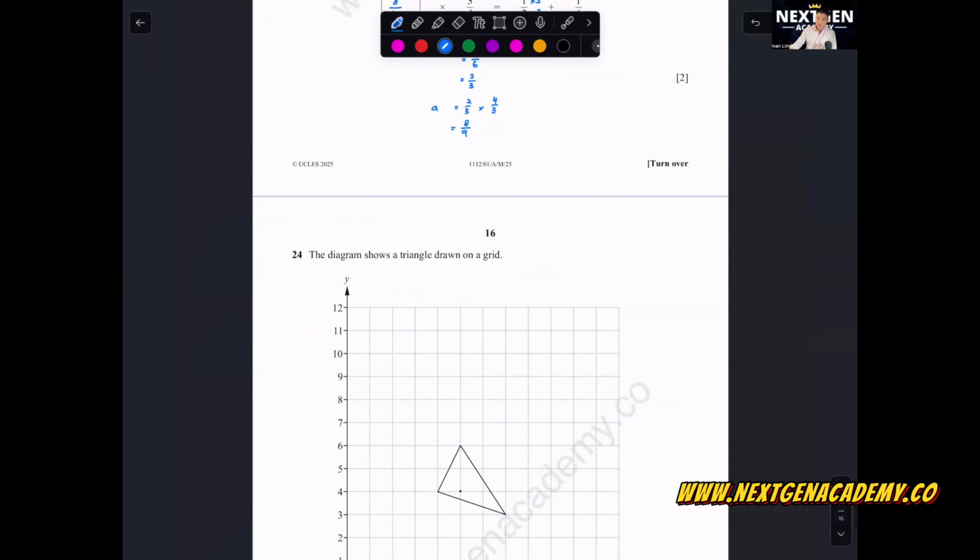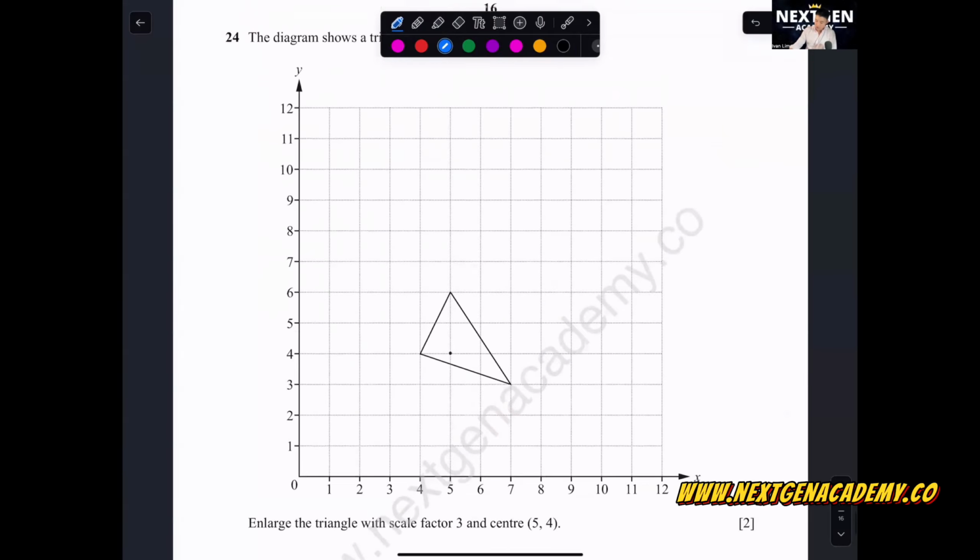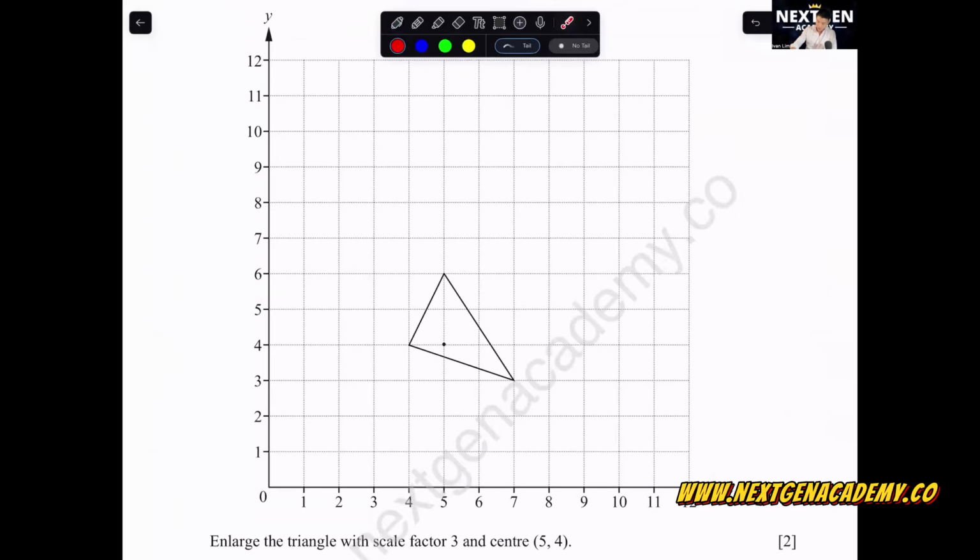This is on transformation. Enlarge the triangle with scale factor 3 and center 5, 4. So we have the center here. What does scale factor 3 mean? That means from here to all your points, like from here to here and to here, you're going to multiply the distance by 3. From here to here, let's say 1 unit, so now you go 1, 2, 3. This will be the point.